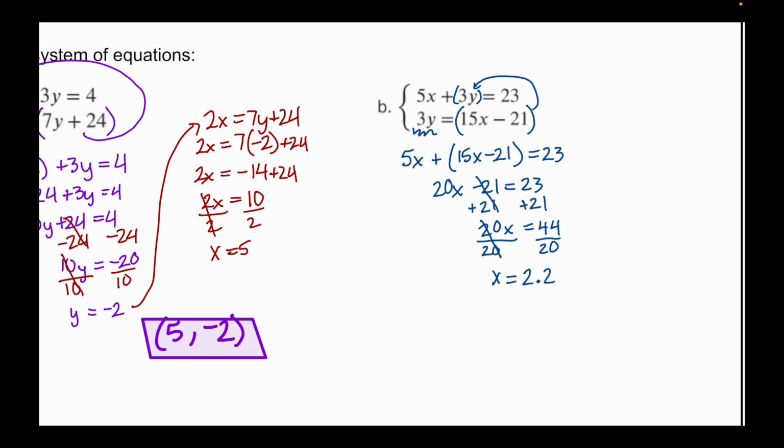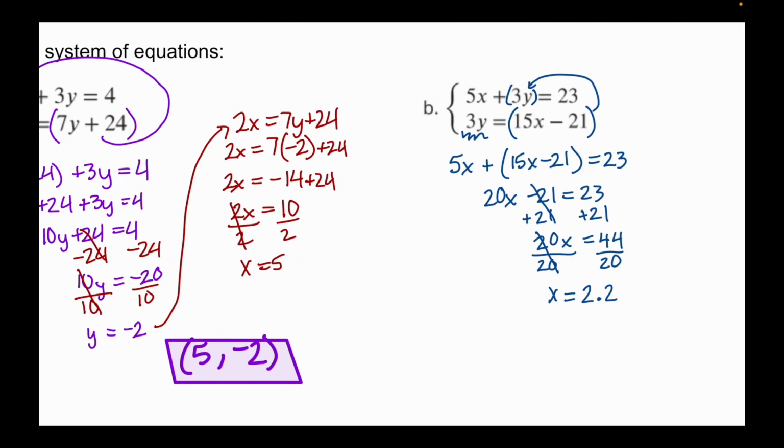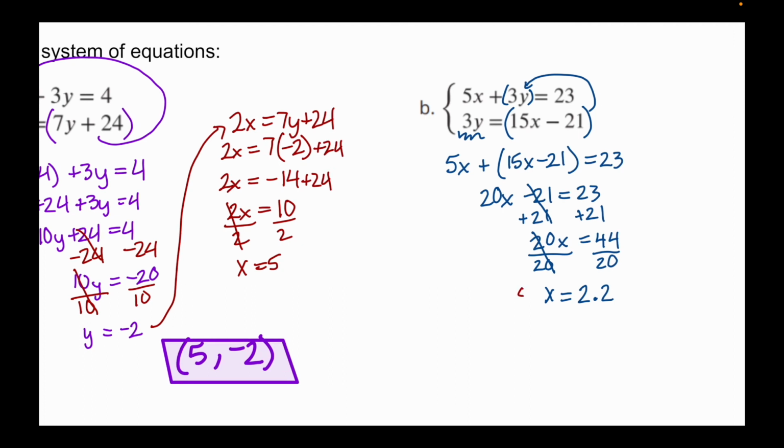So that's an okay decimal to use because it's not going to be that bad when we plug it back in. Now, if you get something that's repeating, I would definitely use a fraction for that because when you go to plug that back in, it's going to give you something a little crazy. So from here, I'm going to show my work this way and use 3y equals 15. Then instead of x, we're going to put 2.2 and then minus 21.